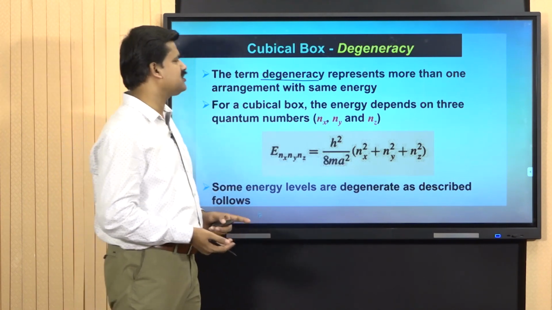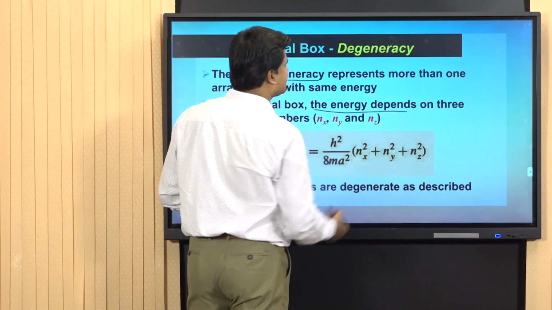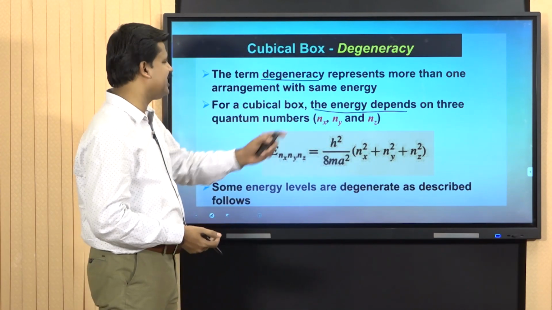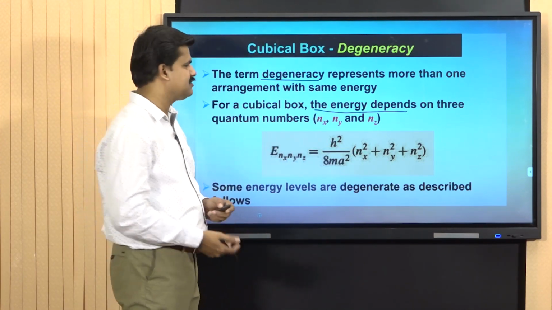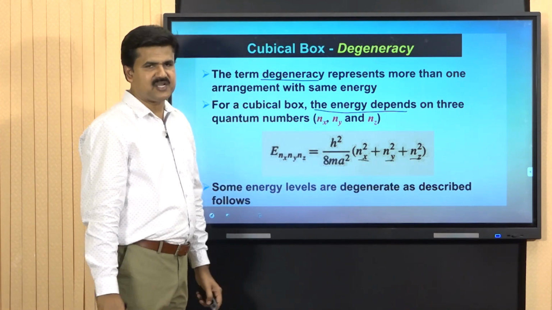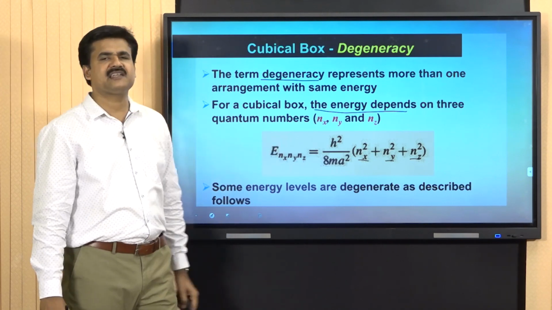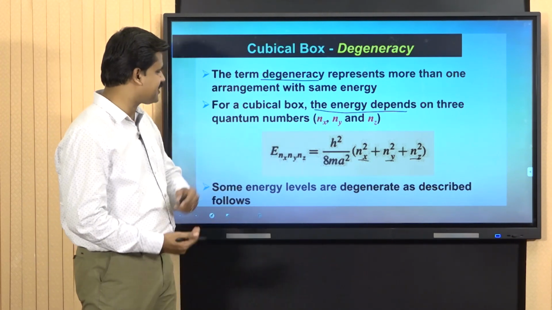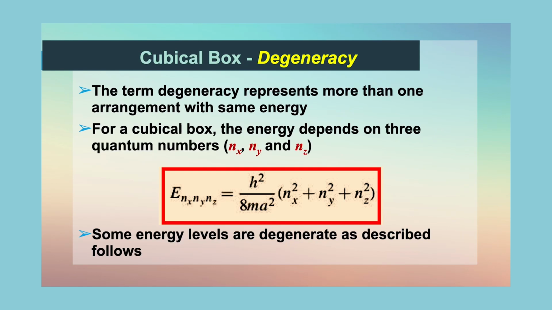For a cubical box, it should be noted that the energy of the system depends on three quantum numbers. What are they? They are nx, ny and nz. This is because the total energy of a particle in a cube is given by E(nx, ny, nz) equal to h square by 8m a square into nx square plus ny square plus nz square.